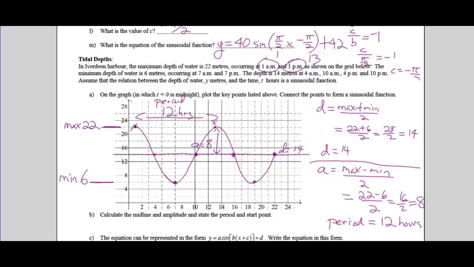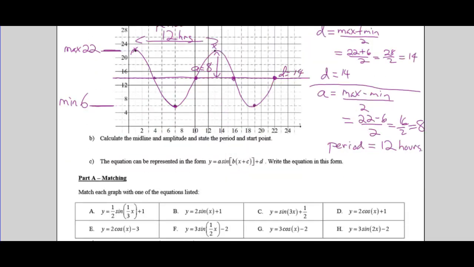How many hours to go from here to here? Oh, you know what? I get it now. Where's the dot? Take a closer look. Okay, I'm getting dizzy now.